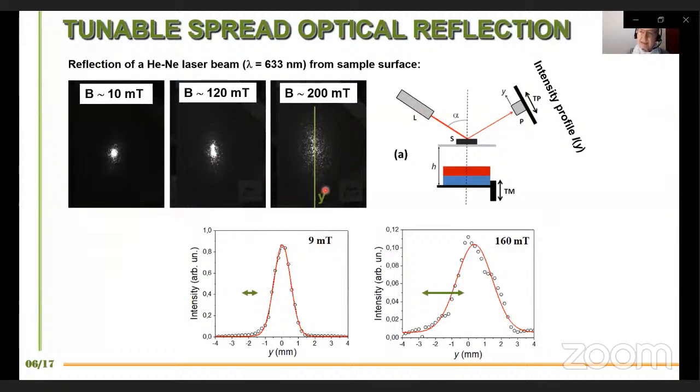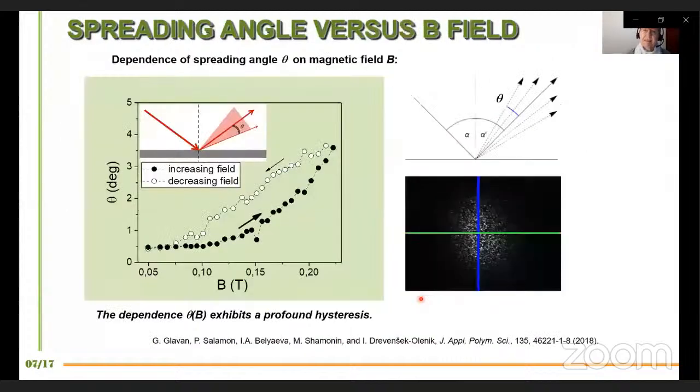This specular reflection is, by increasing the magnetic field, transformed to spread reflections. We analyzed the spreading angle as a function of magnetic field, and we have seen that the spreading angle increases with increasing magnetic field, reaches a value of about 5 degrees at a quarter of a Tesla, and then it decreases if the magnetic field is decreased.